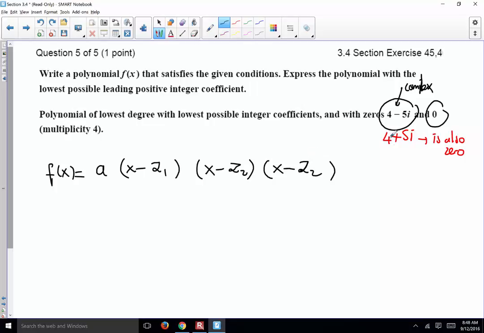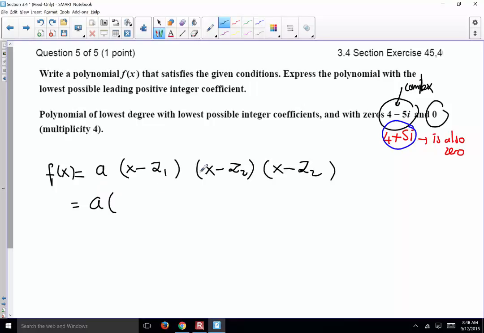So we already know if there is a complex zero of a polynomial, and the polynomial has real coefficients, its conjugate is also 0. So once I see a complex zero, I add a third 0 automatically, which is always the conjugate of it.